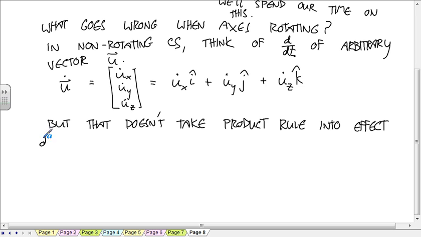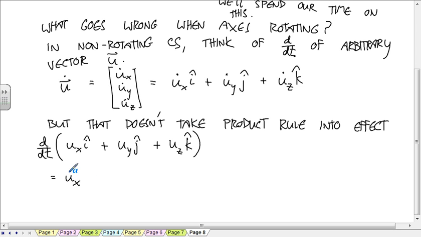So now if you're taking a time derivative of our vector u, let's think of the vector u as ux times i plus uy times j plus uz times k. When you take that derivative, what you should get is ux dot i. That part's the same as up here.